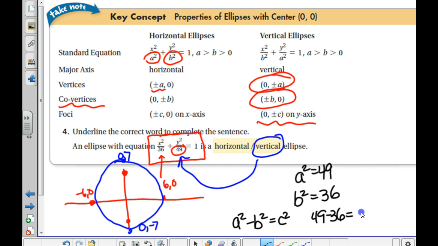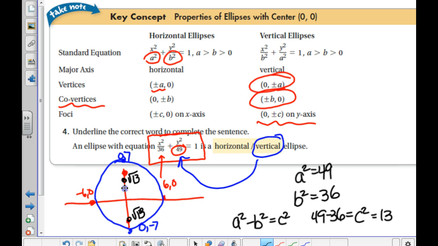Anybody helping me? Okay, that's 13. So c is the square root of 13. So if we went out square root of 13 and square root of 13, now square root of 13 is a fairly small number, 3 point something, a little over 3.5 maybe. That's not out to the 7 here, right?